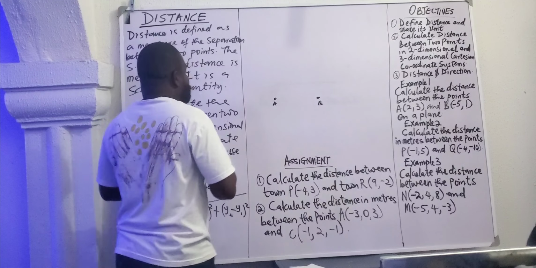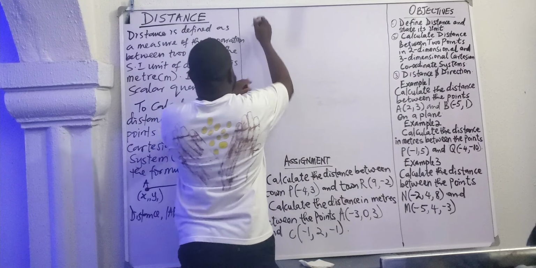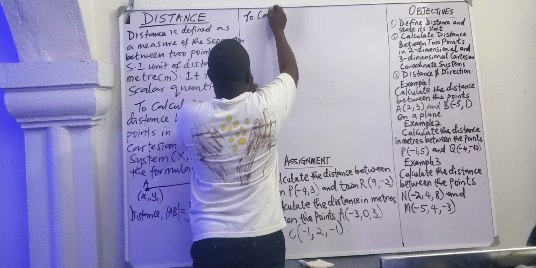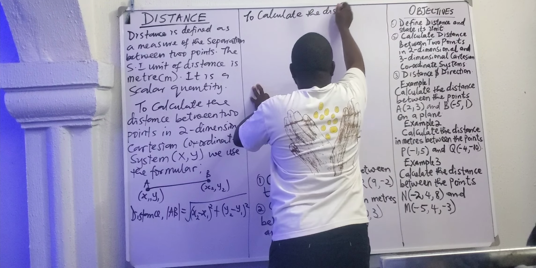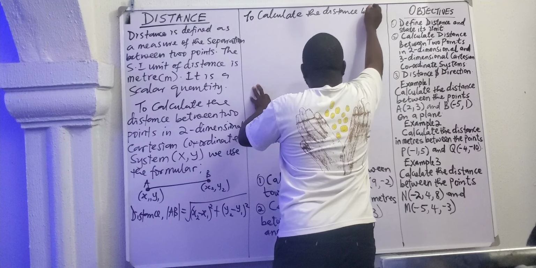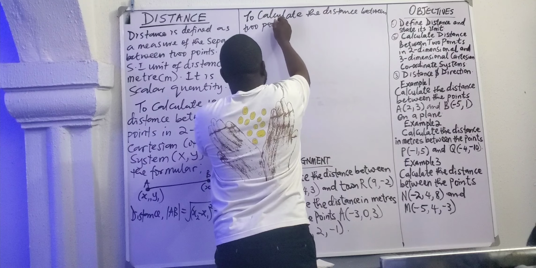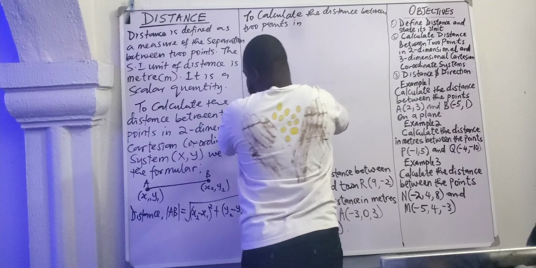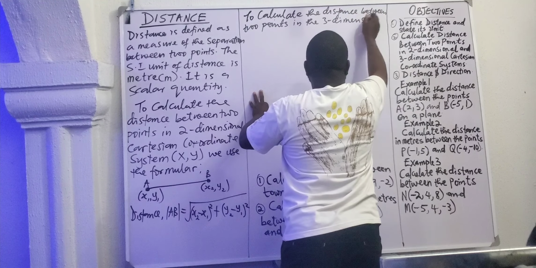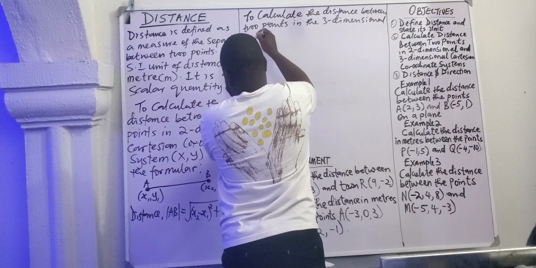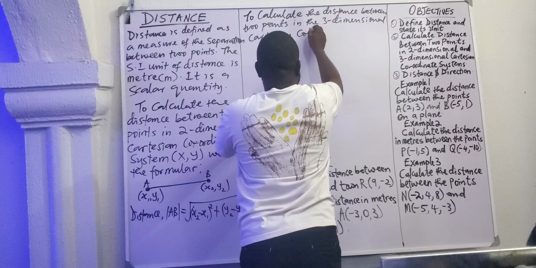Likewise, in three-dimensional Cartesian coordinate system, we will use the formula to calculate the distance between 2 points in the three-dimensional Cartesian coordinate system.